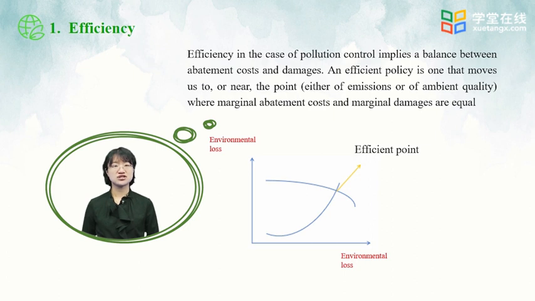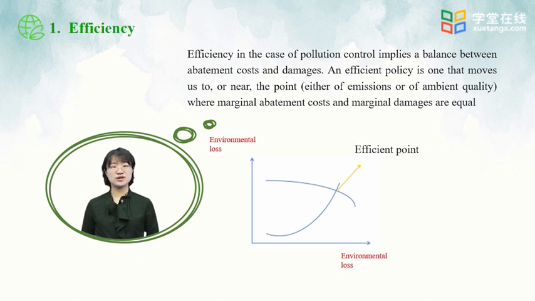Look at the picture on the right. In this picture, the horizontal axis represents the emission reduction cost, and the vertical axis represents the environmental loss, with the implementation strength of an environmental policy increasing.